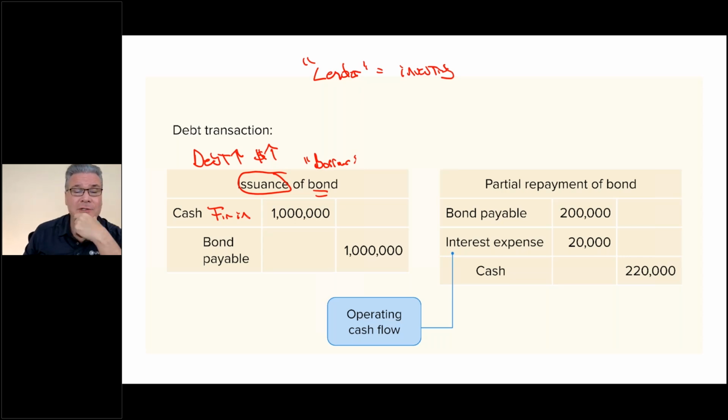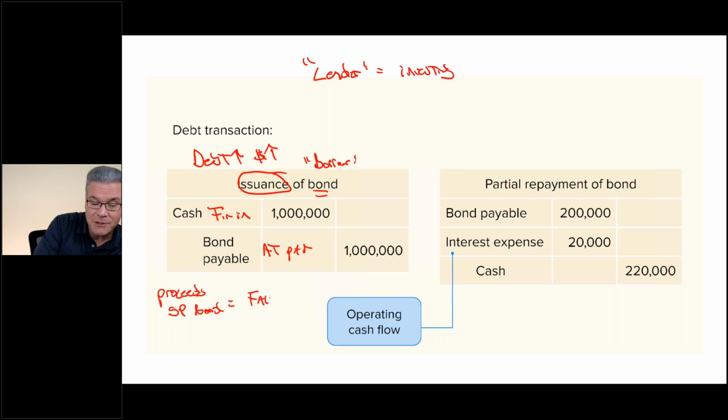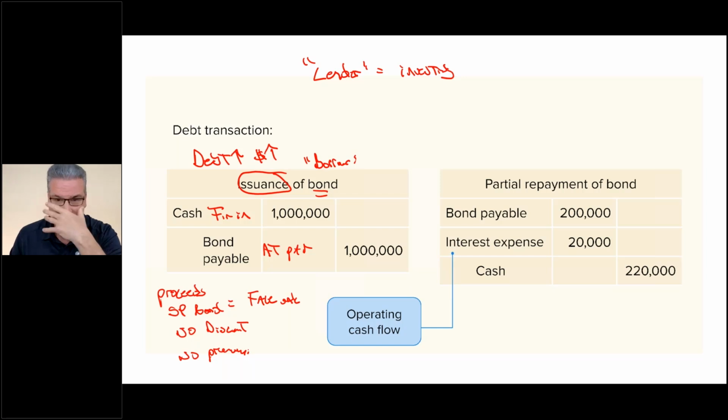And folks, notice, the bond was issued at what? At par. Anytime the proceeds, the selling price of the bond, equal the face value, there's no discount, there's no premium. More to come on that in a second.